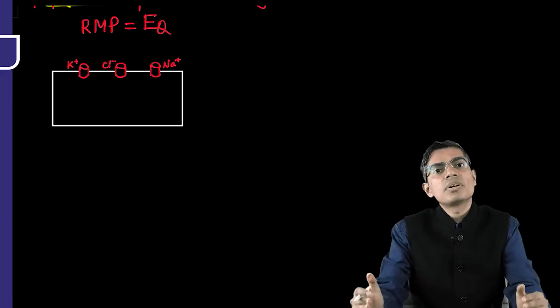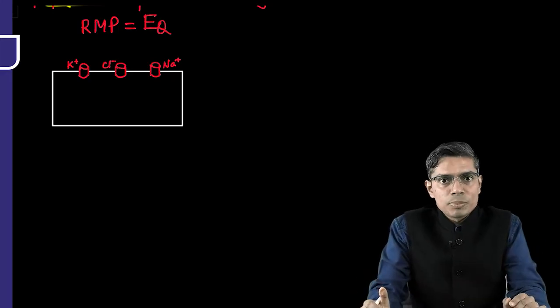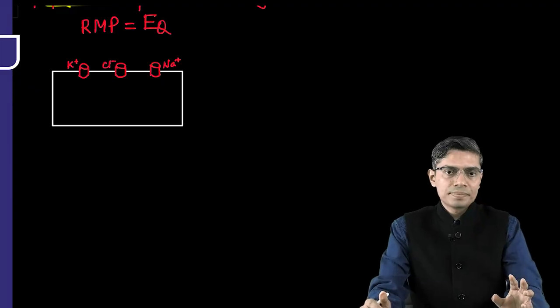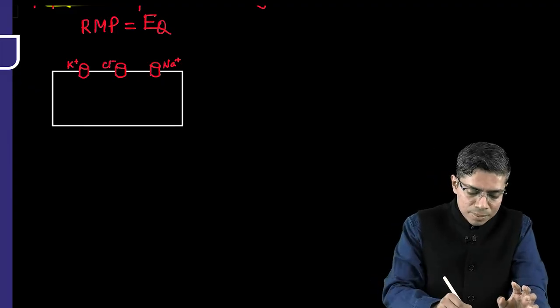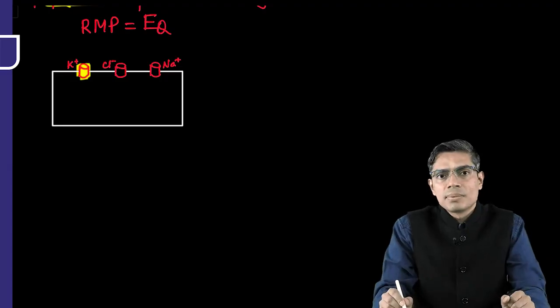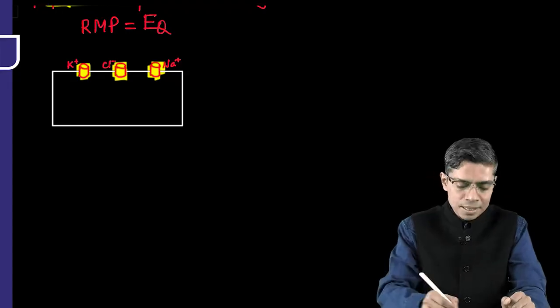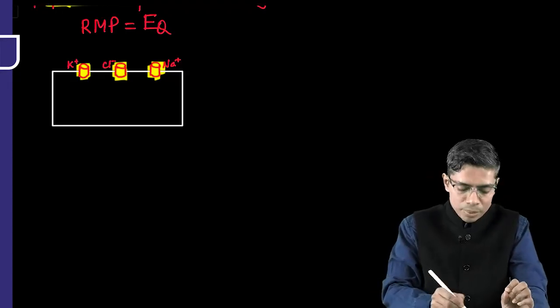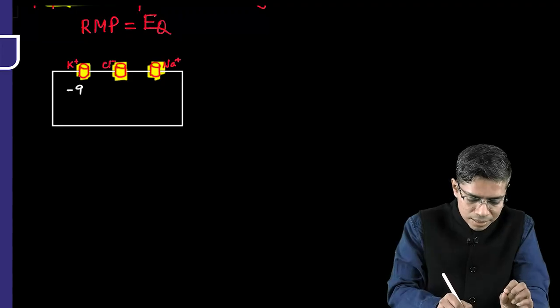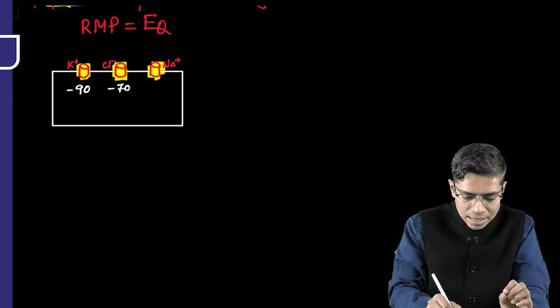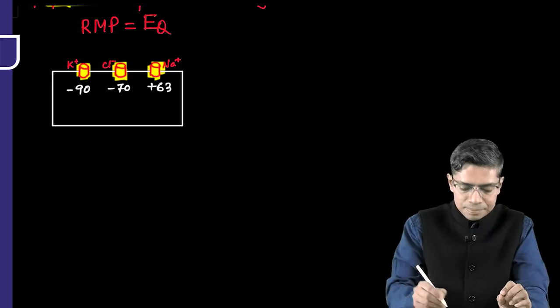Equilibrium is a very comfortable condition for ions, right? Getting my point? So potassium will try to develop an equilibrium condition so that it becomes comfortable for him. Chloride will also try to do the same, and sodium will also try to do the same. But if we look at the equilibrium potential of all of them, this is minus 90, this is minus 70, and this is plus 63.